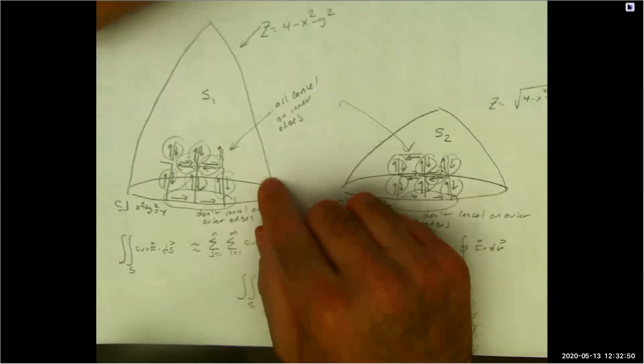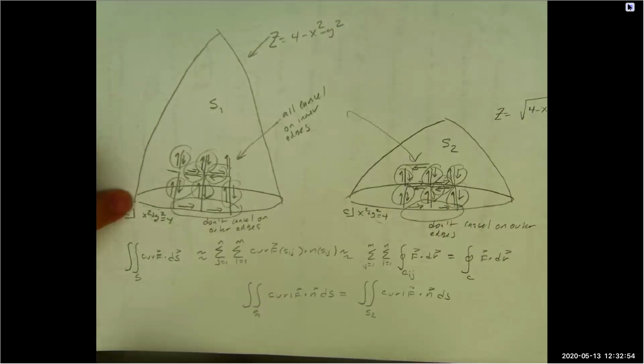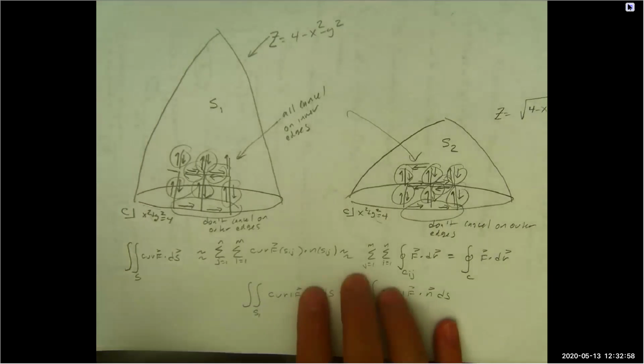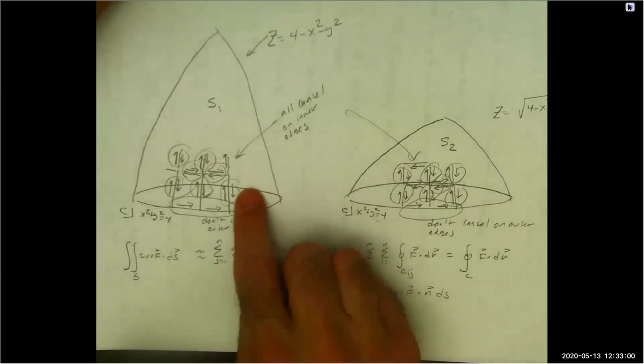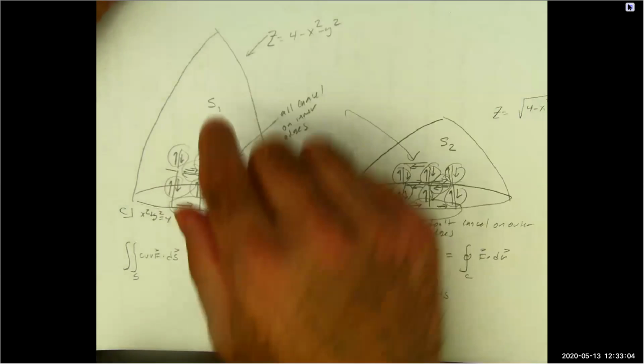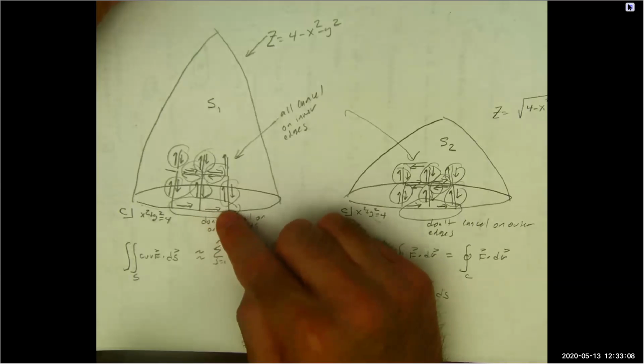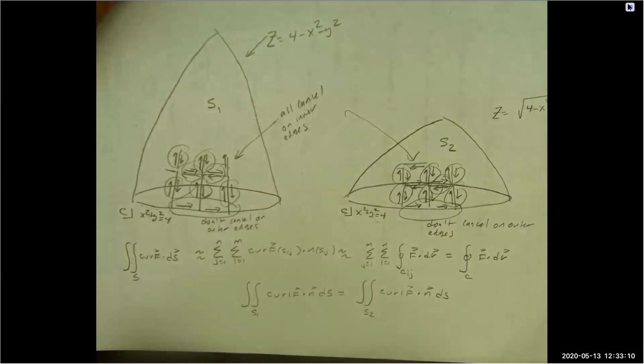So let's say we take this first surface, and let's say we start breaking it up into patches. I'm not going to do patches over the whole thing, but let's say we start to do that. And each patch has a counterclockwise orientation here.